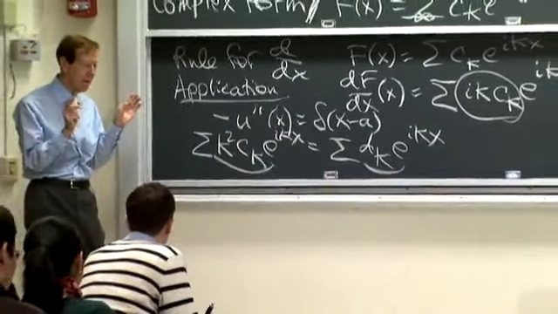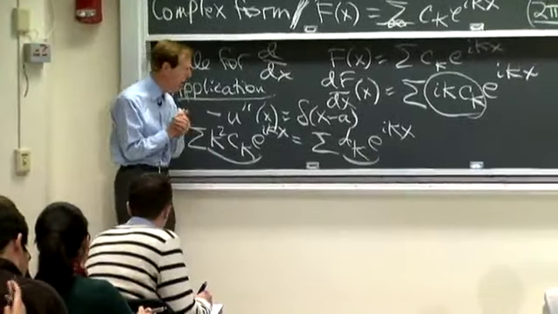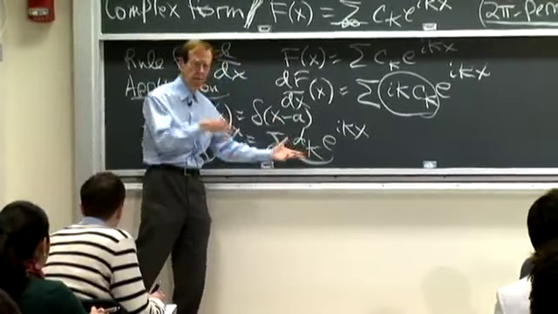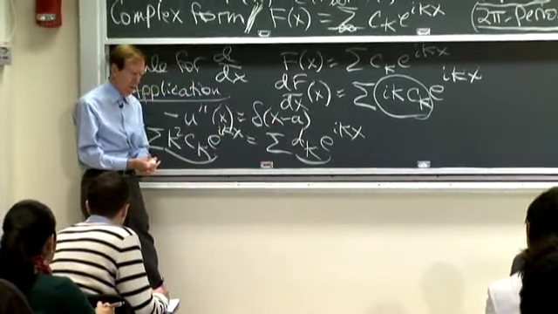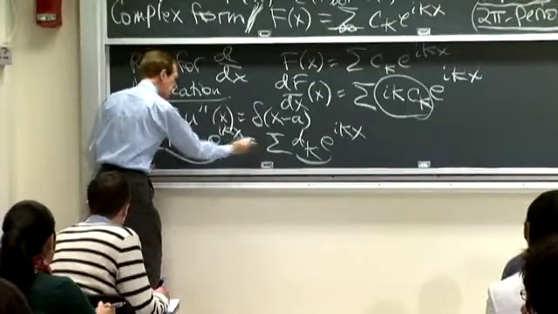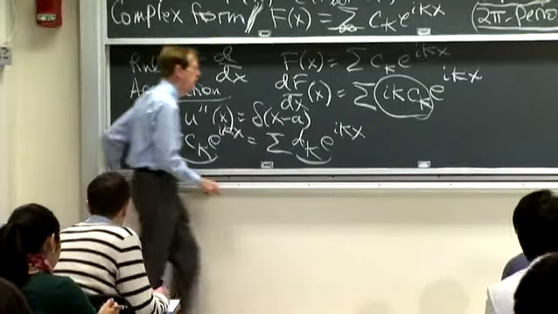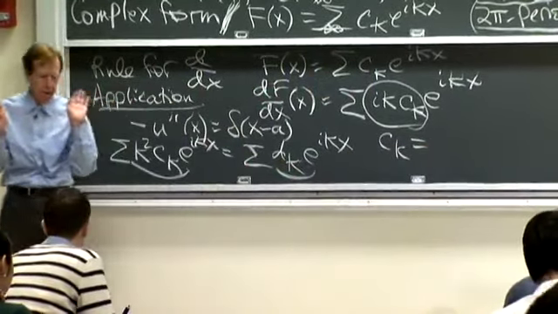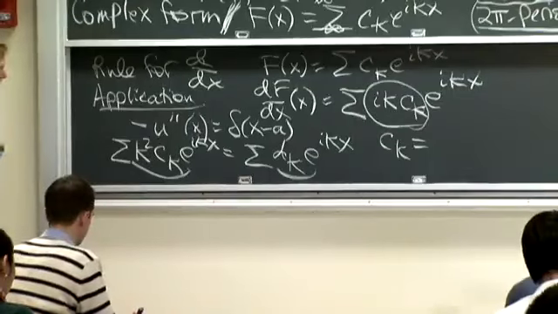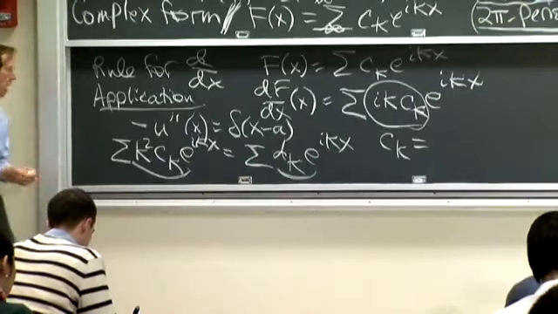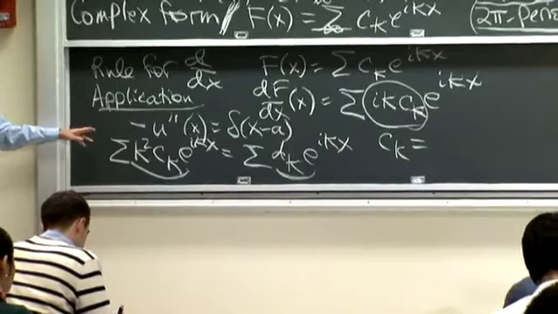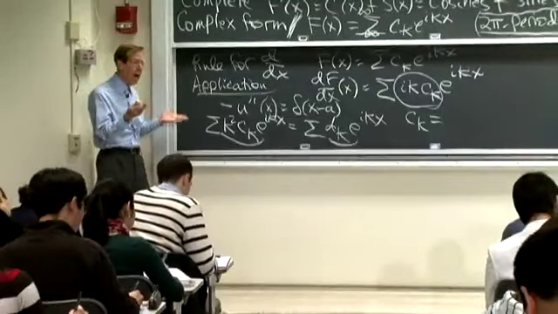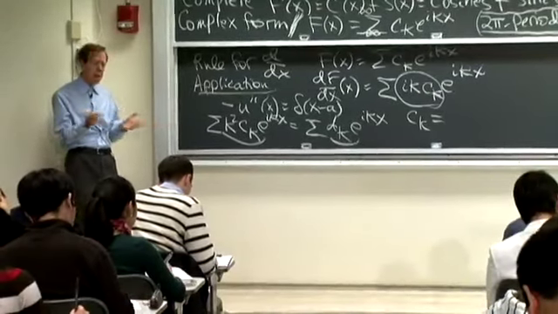We're just doing what's constantly happening, this three-step process. You're given the right side. Step one, expand it in Fourier series. Step two, match the two sides. So what's the formula for ck in this application, which by the way, I had no intention to do, but it jumped in my head and I thought, why not just do it? The formula for ck will be dk divided by k squared.